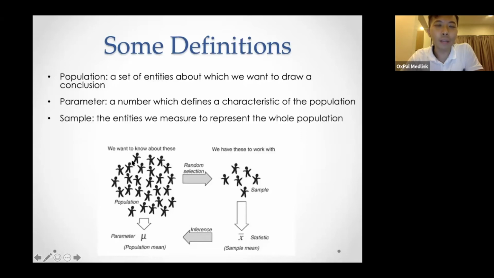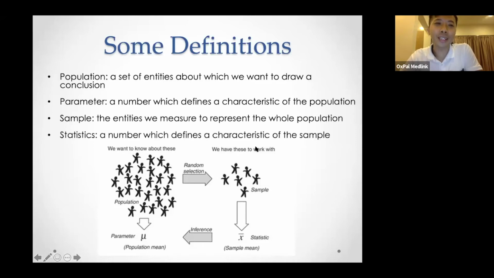A sample is the entities or individuals which we randomly sample or measure to represent the entire population. And finally, a statistic is another number, but this time it defines a characteristic of the sample. It's simple to remember: sample statistics and population parameter, so PP or SS.